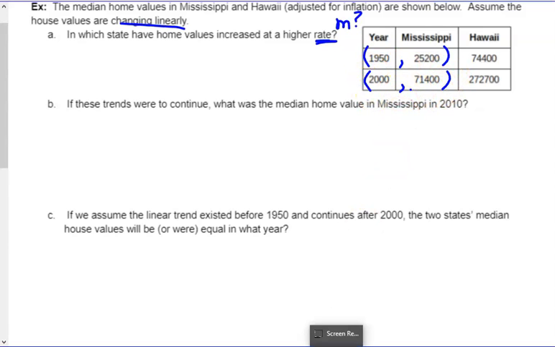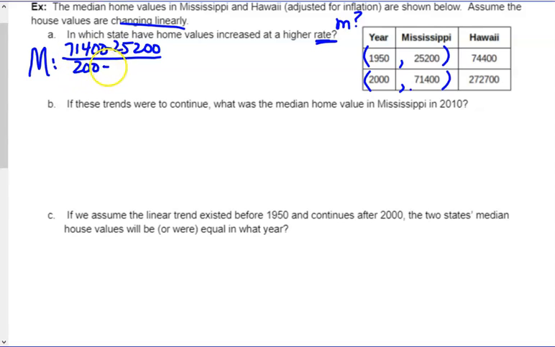And you can use your slope formula for Mississippi: y minus y, 71,400 minus 25,200, divided by x minus x, so 2,000 minus 1950. Y minus y over x minus x. So if we do that, and this is where you want to pick up your calculator, unless you want to do all of it by hand, 46,200 divided by 50 comes out to 924.